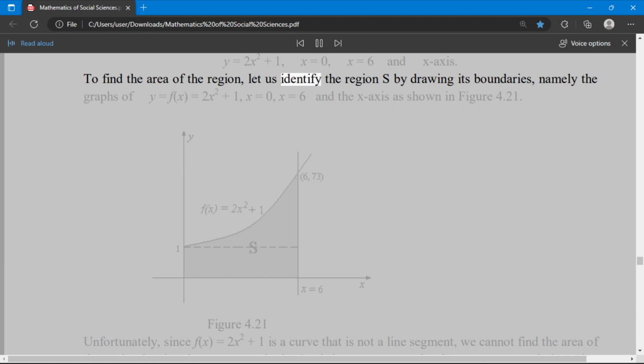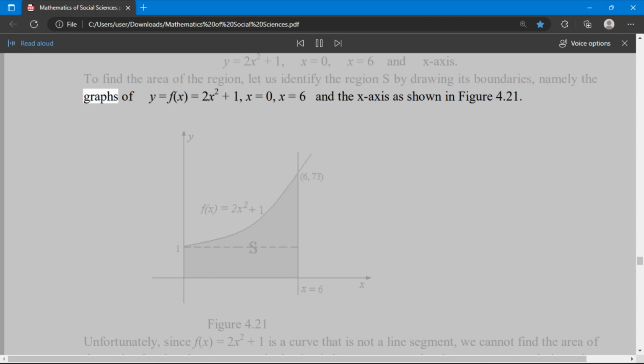To find the area of the region, let us identify the region S by drawing its boundaries, namely the graphs of y equals f(x) equals 2x^2 + 1, x equals 0, x equals 6 and the x-axis, as shown in Figure 4.21.